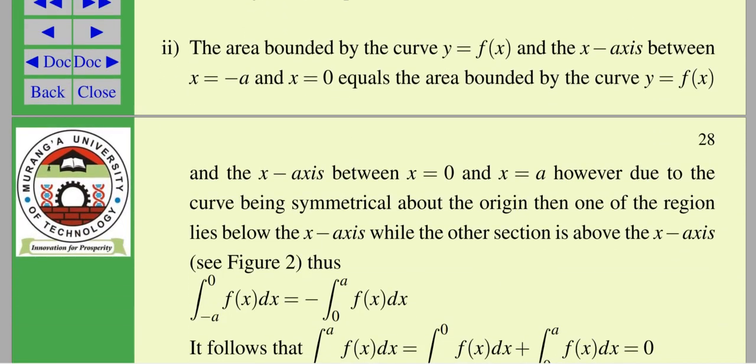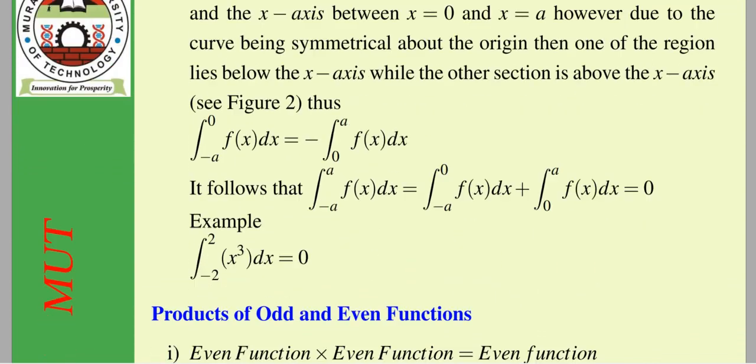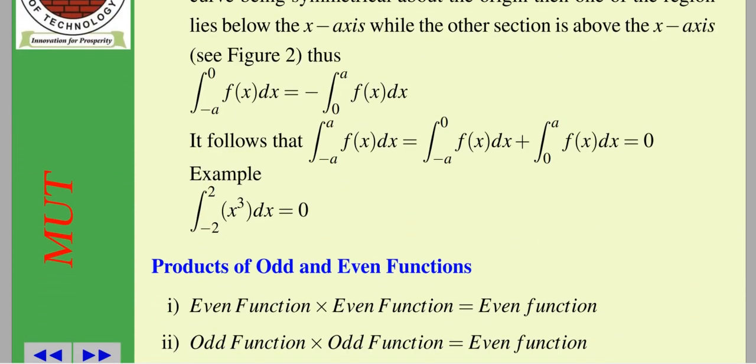So you don't even have to work it out. You'll get 0. If you are given a problem like the integral from -2 to 2 of x cubed, you realize that x cubed is an odd function, and the integral will be 0. You can try to check. When you integrate x cubed, you get x power 4 over 4.